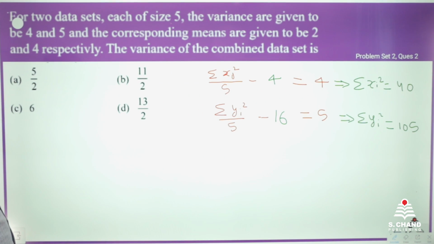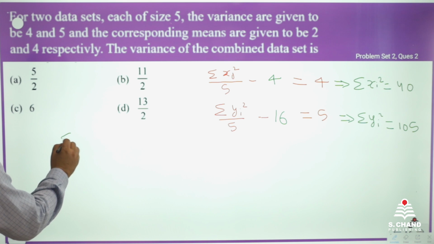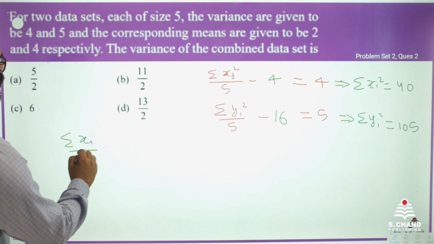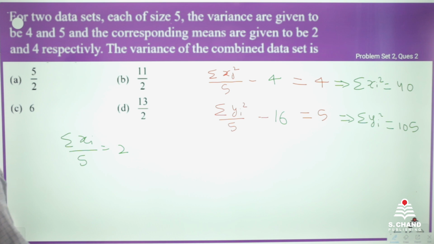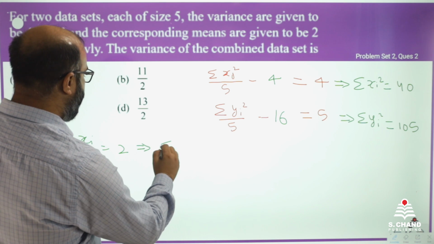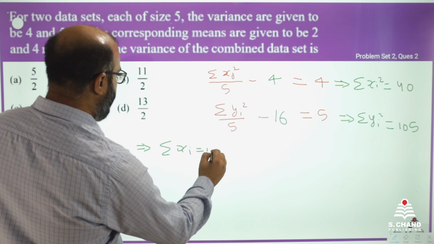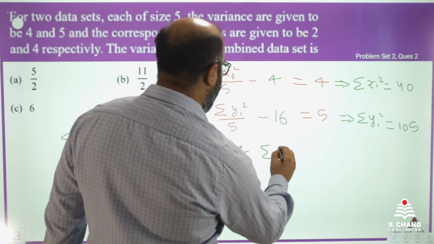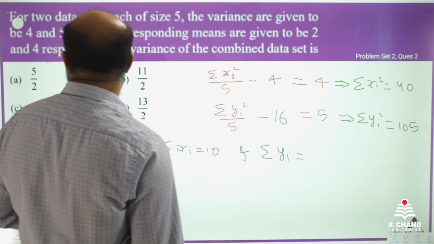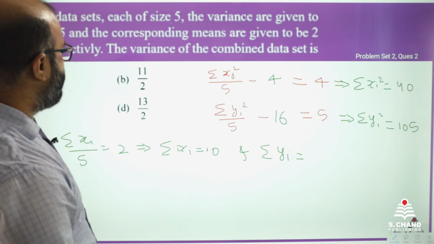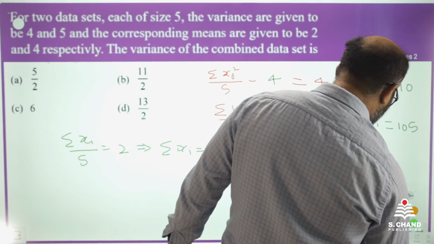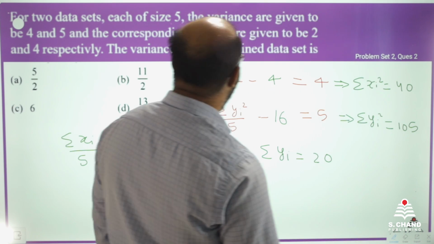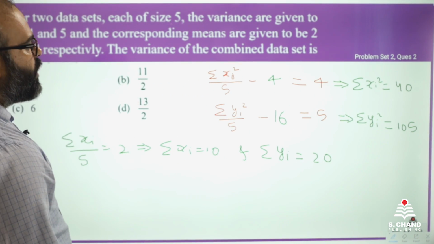Now it is said that sigma of xi by 5 is equal to 2, so sigma of xi is equal to 10. And similarly for sigma of yi, the mean is 4, and 4 into 5 is 20. Next you will find the variance of the combined data set.